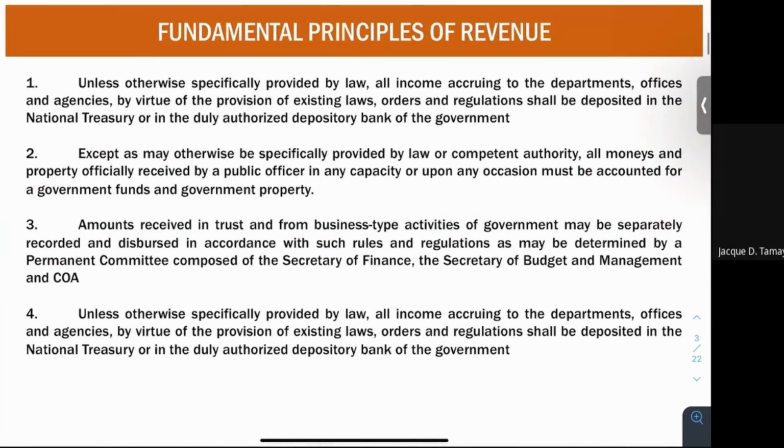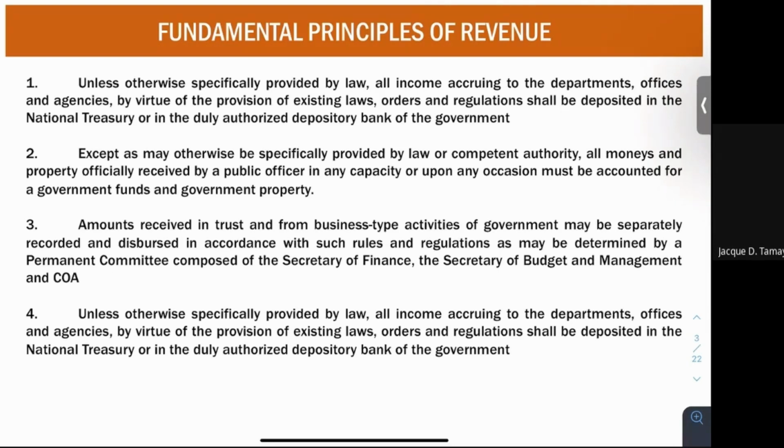Now, let's look into the fundamental principles of revenue. Under the government accounting manual, these are scattered items which govern or are used in recording or recognizing your revenue.